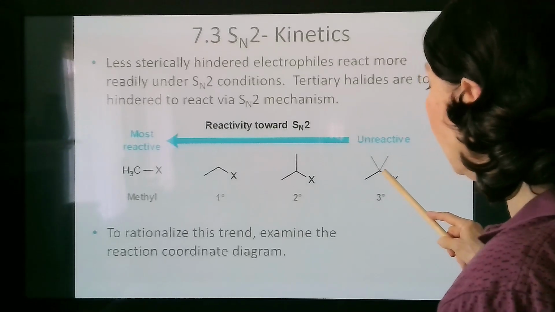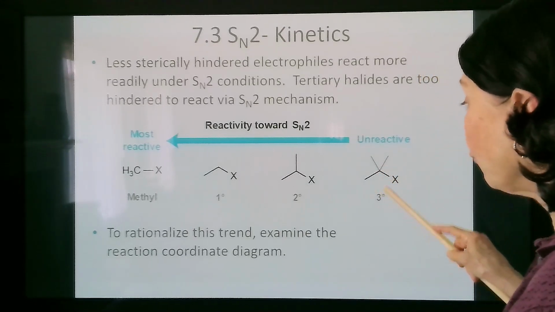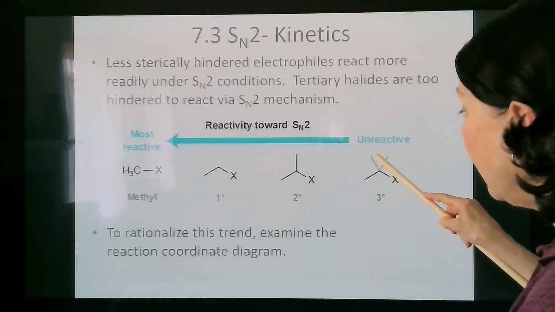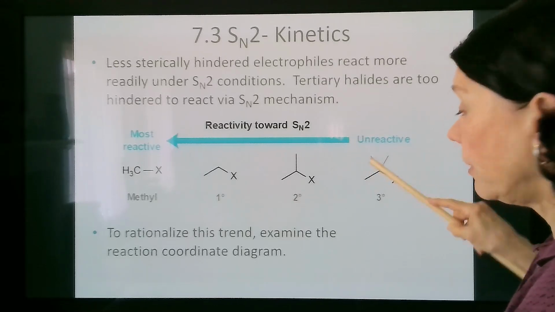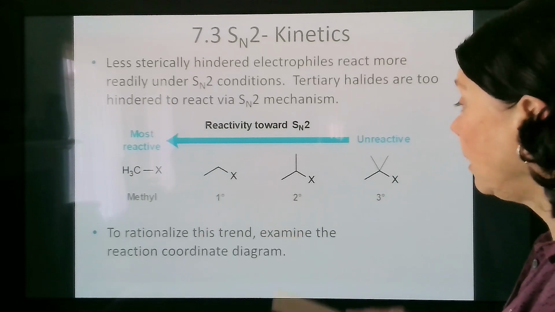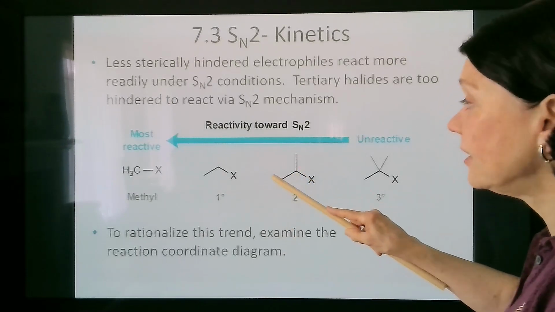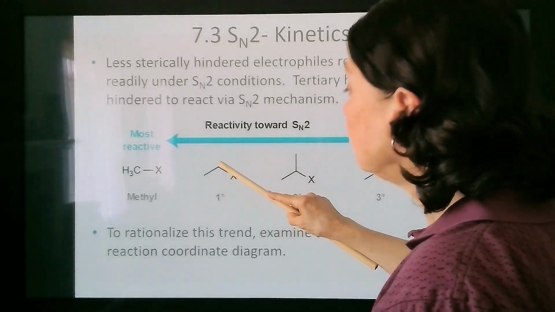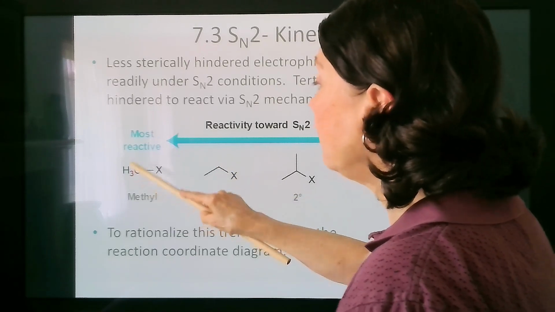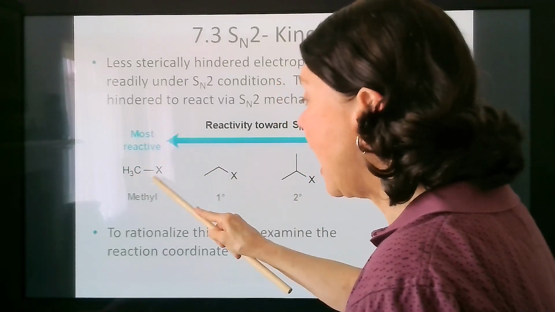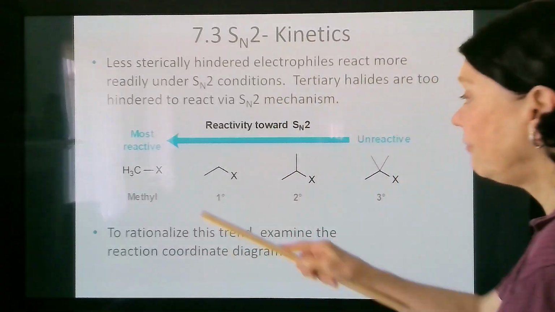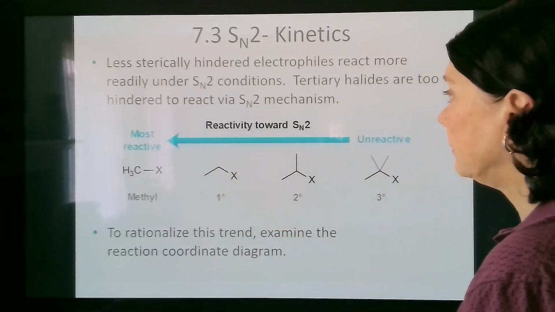Here, if you have three groups attached to that carbon, the nucleophile is not going to be able to get in there. The anti-bonding orbital is not going to be very accessible. Here it's going to be a little more accessible. Here it's going to be accessible easily, and here it's going to be very accessible. So this is the most reactive of the alkyl halides.